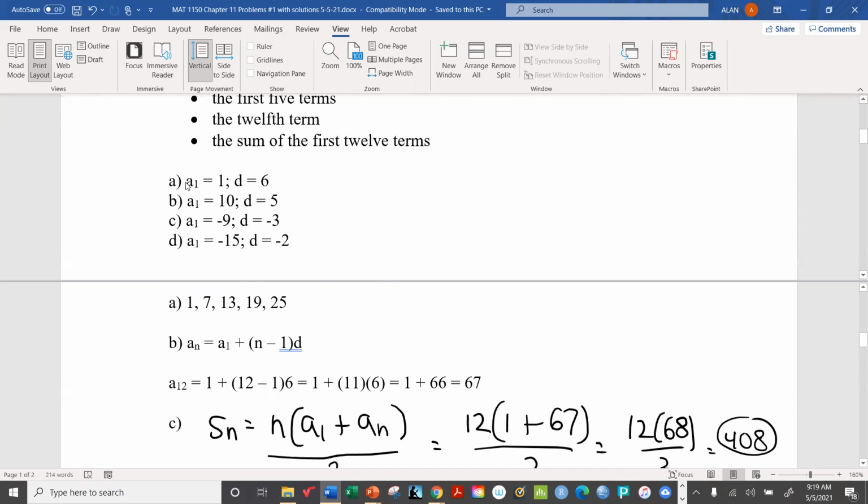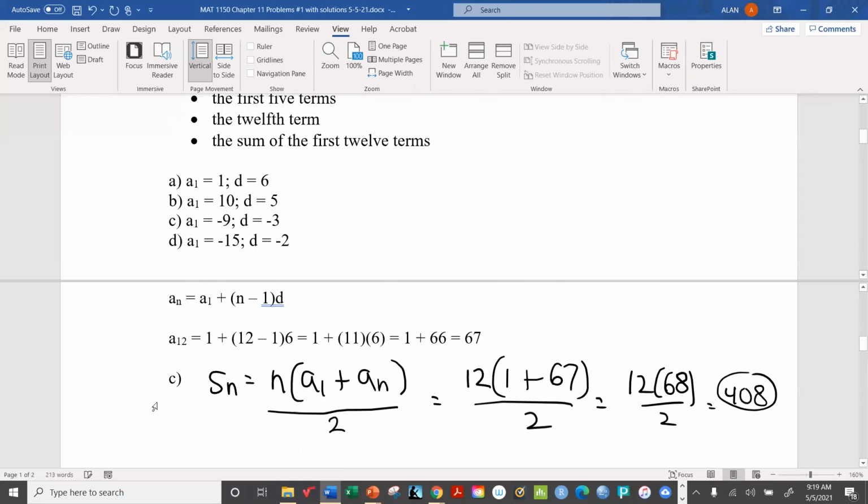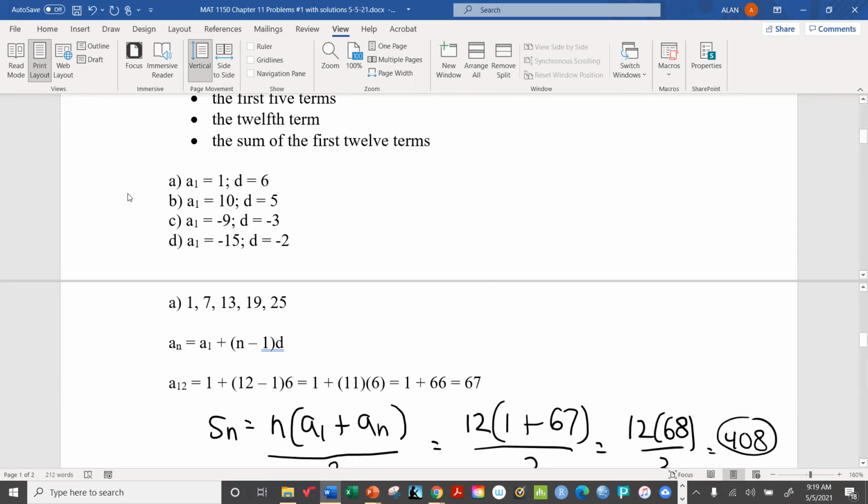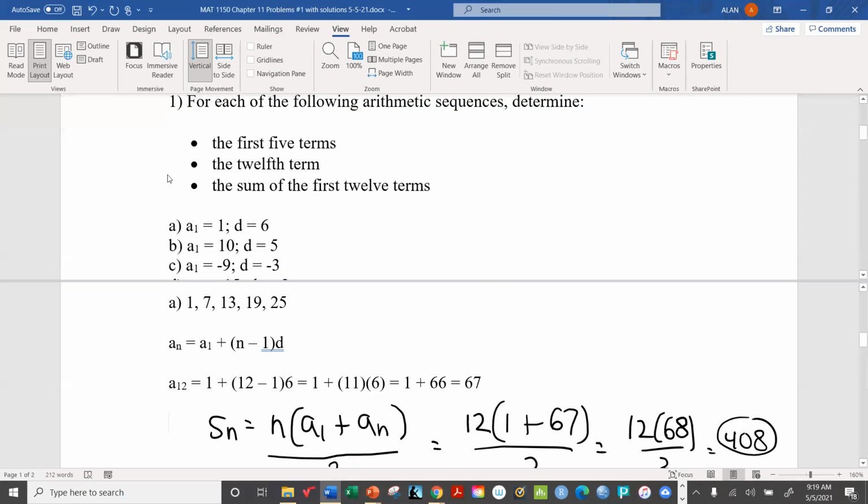I just realized these are labeled A through D. Let me get rid of these labels here so we don't get confused. All right, so in other words, that was A. B would be this next group. Okay, so this is our part B.